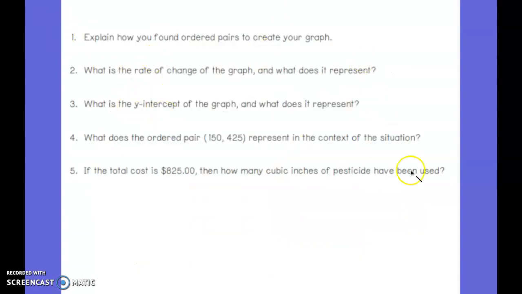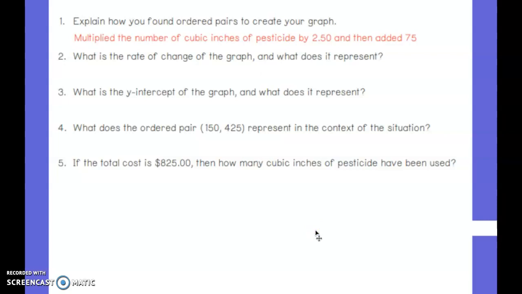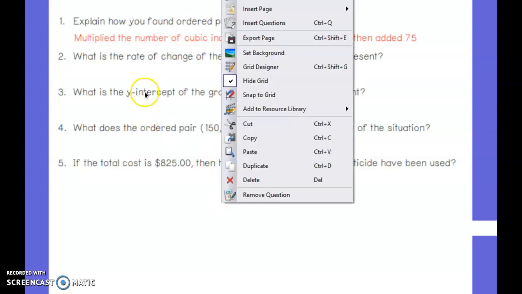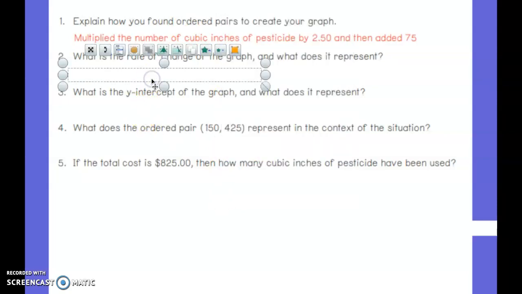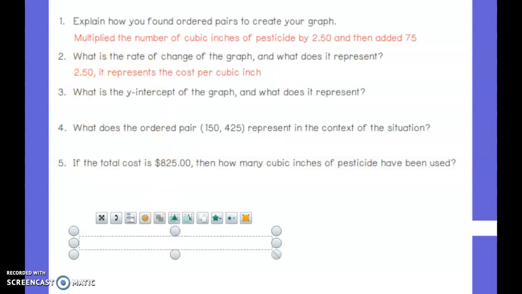And now you're going to answer those questions. Explain how you found the ordered pair. By multiplying the number of cubic inches of pesticide by $2.50 and then adding 75. What is the rate of change in the graph and what does it represent? $2.50.